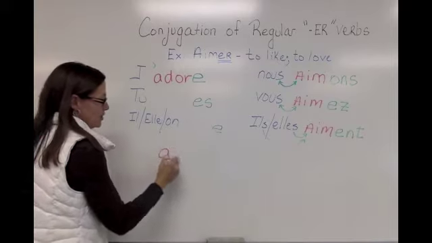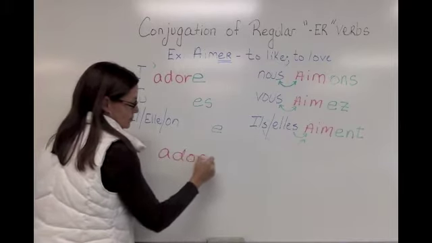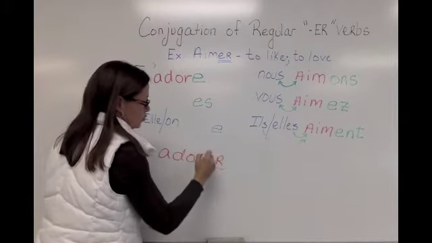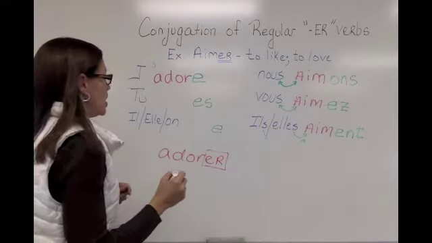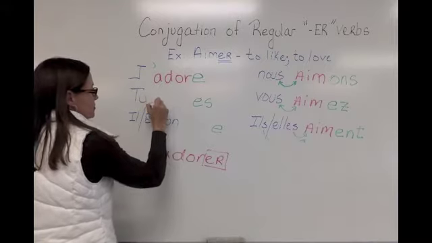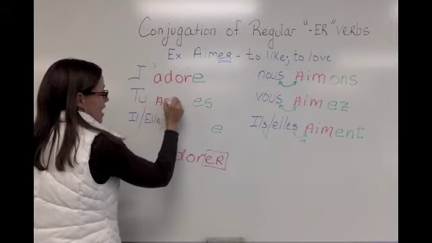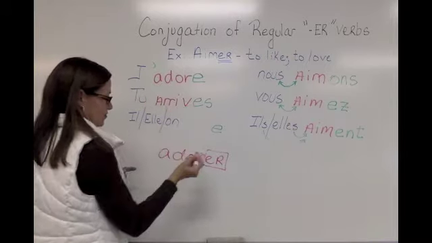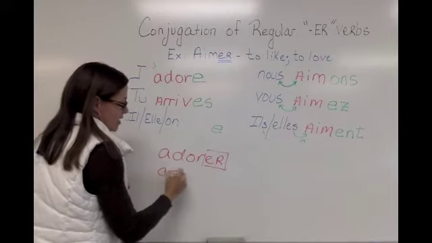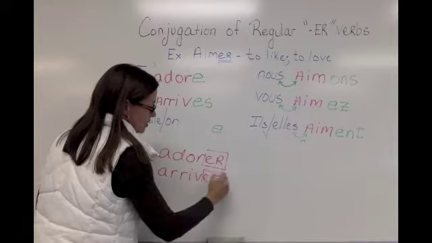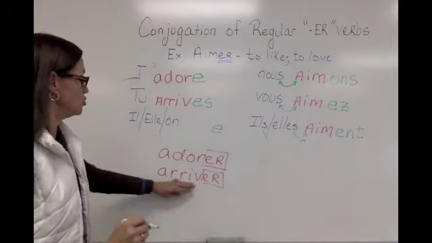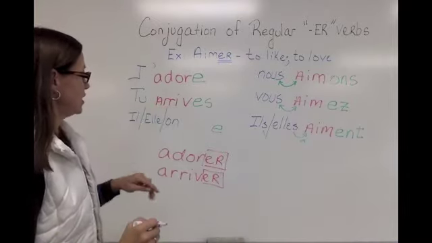Because adorer, remove your ending. Let's pick another verb. We've done arriver. Arriver, right? Arriver, which means to arrive. Here's my ER. So I use my root and I plug it in.